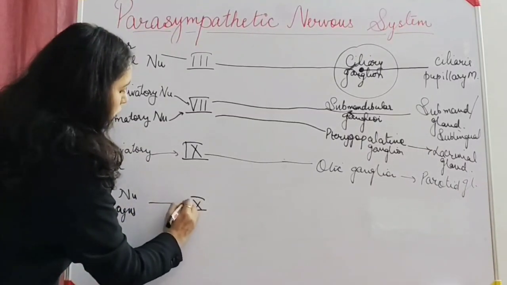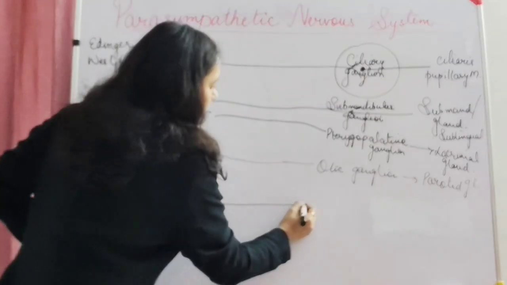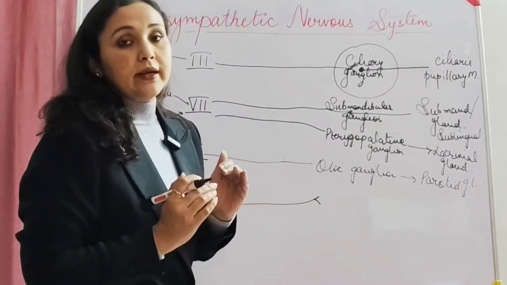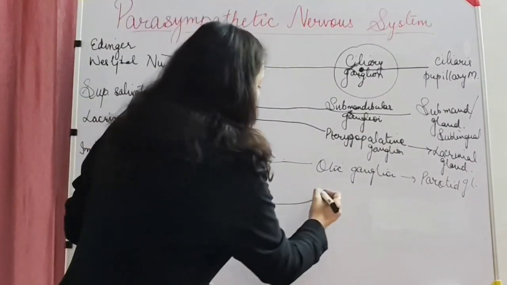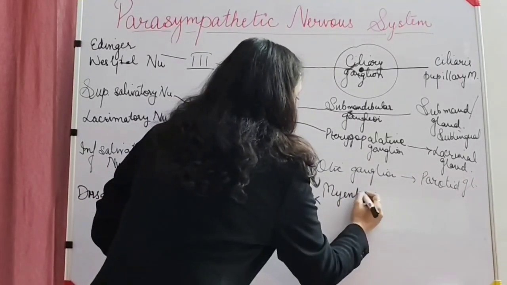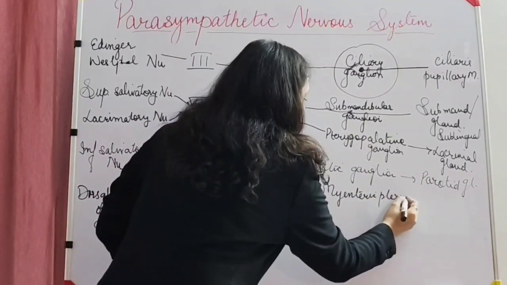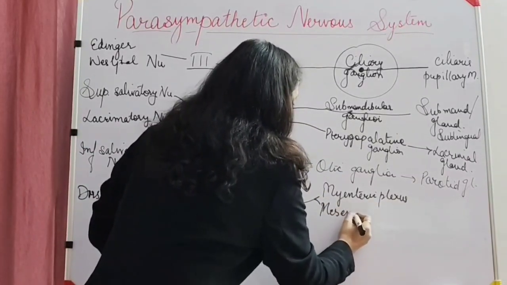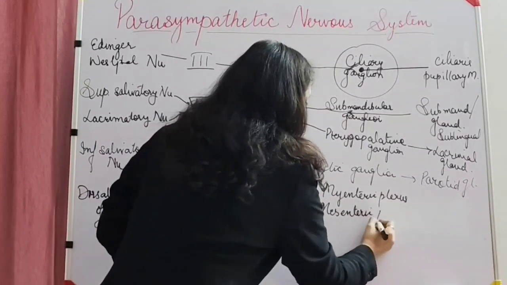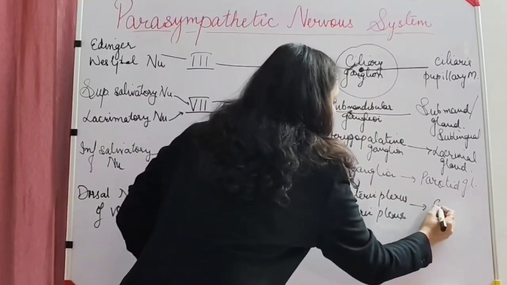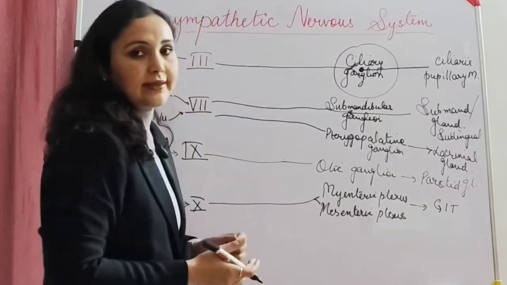The fibers go along the vagus nerve and relay in some plexuses related to the GIT. There is the myenteric plexus. So the fibers relay in the myenteric plexus and the mesenteric plexus and supply the GIT, right?